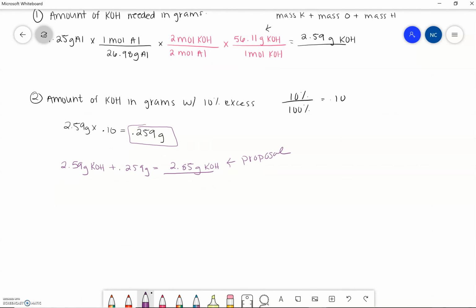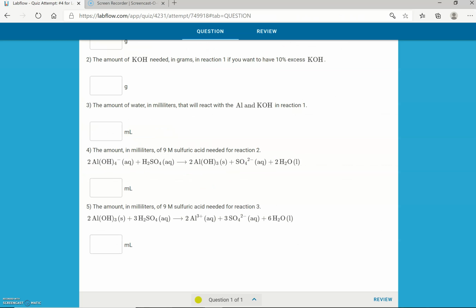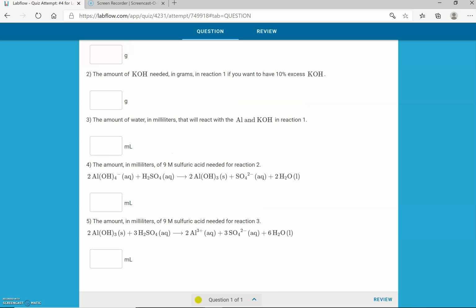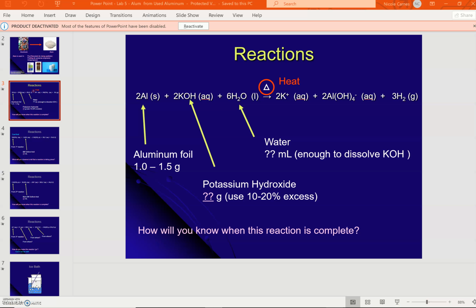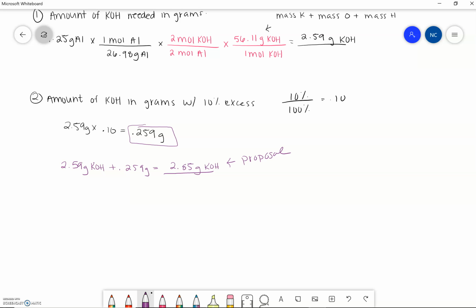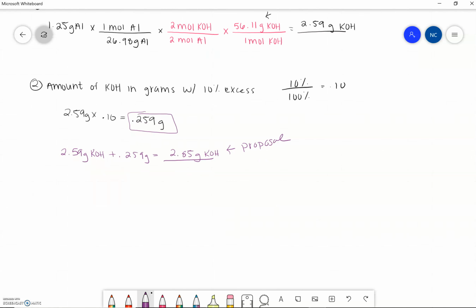Question number 3 asks the amount of water in milliliters that will react with the aluminum and KOH. If you go to the PowerPoint, it asks how much water is needed to dissolve the KOH. Again, we're going to be using stoichiometry to get the amount of water.